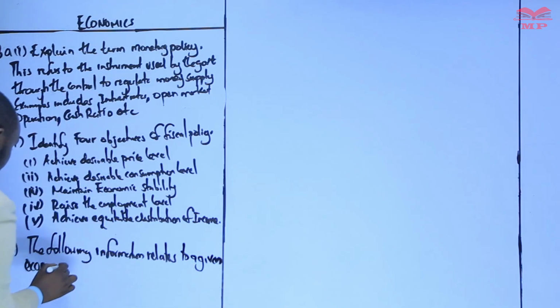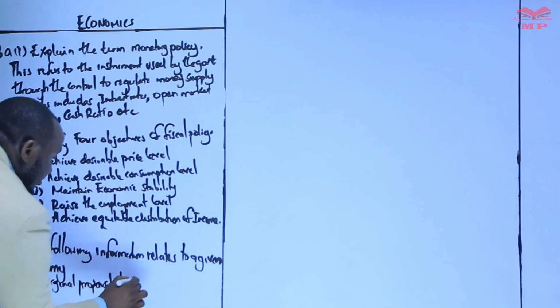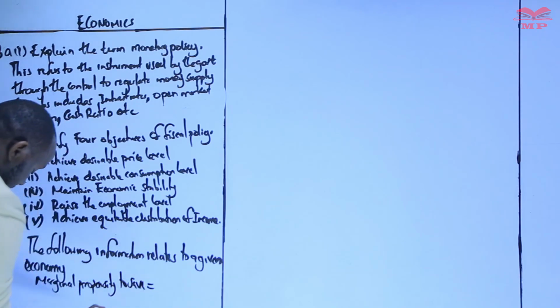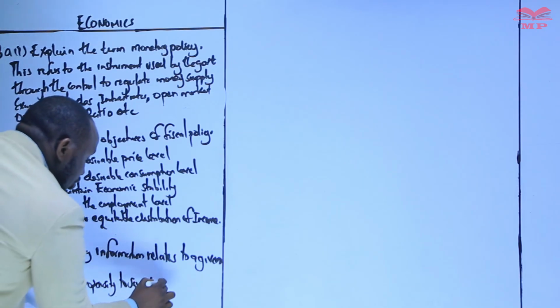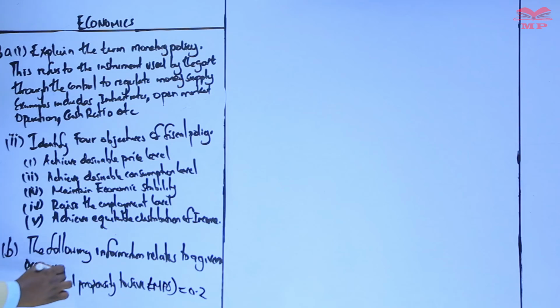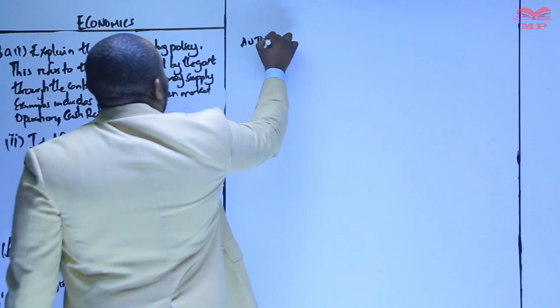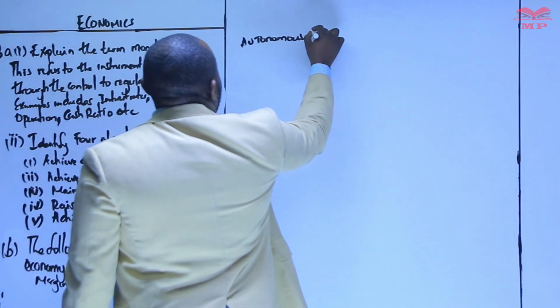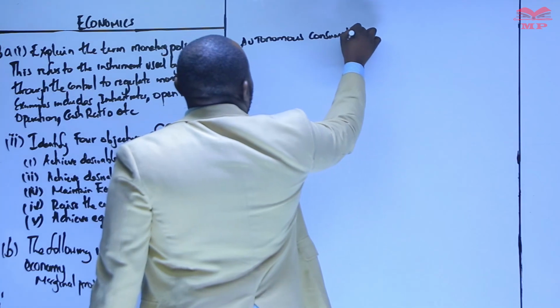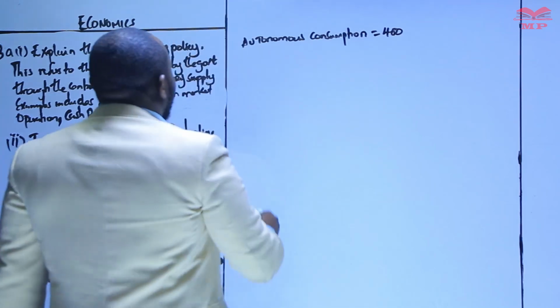We have 1, that is marginal propensity to save, MPS, is equal to 0.2. Marginal propensity to save is 0.2. Then we have autonomous consumption. Autonomous consumption gives us 400.